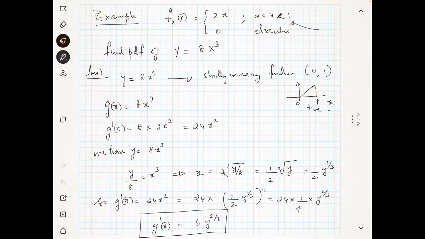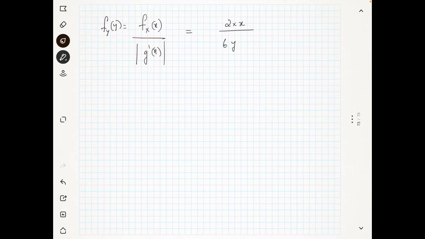We have already seen g'(x) is 6y^(2/3). We will take the absolute value, but you know that there is an x here. What is this x? We will see. You know that we have x as the formula that we have already derived.